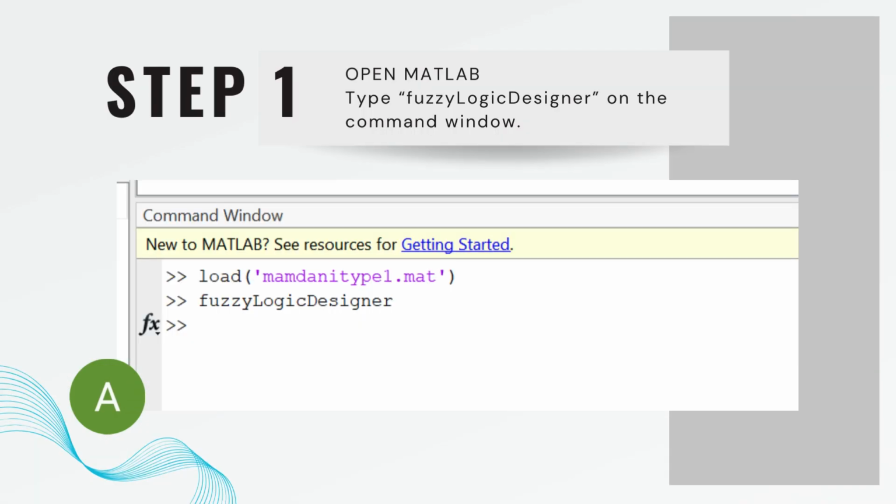First step for applying the blending process using Matlab is to open Matlab and type Fuzzy Logic Designer on the command window like this and press enter.